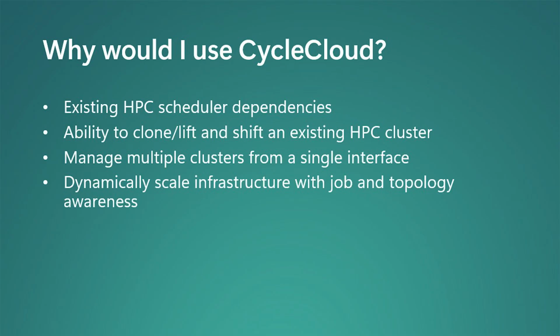And then the other big piece, and this kind of goes back to the first point about the scheduler integration, is we do all of this orchestration in a job and topology aware way. Meaning, if you don't have any work to do, if there's no jobs in the queue, we're not going to spin up infrastructure. We're not going to start VMs and leave them running. And once the work's done, we'll spin everything back down.